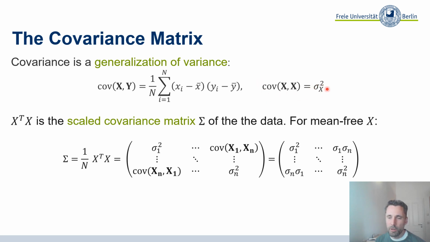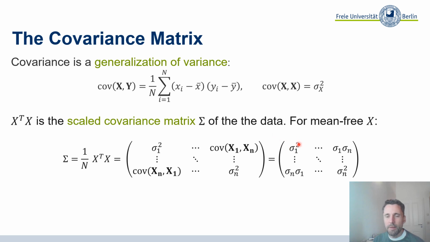Then in a one-dimensional case with only one random variable, you often see this notation: covariance of x with x, and then this is the variance. This is just a simple one-dimensional variance. Yeah. So X transpose X is, as I said, the covariance matrix, but N times. And for any mean-free dataset X, the covariance matrix looks like that.